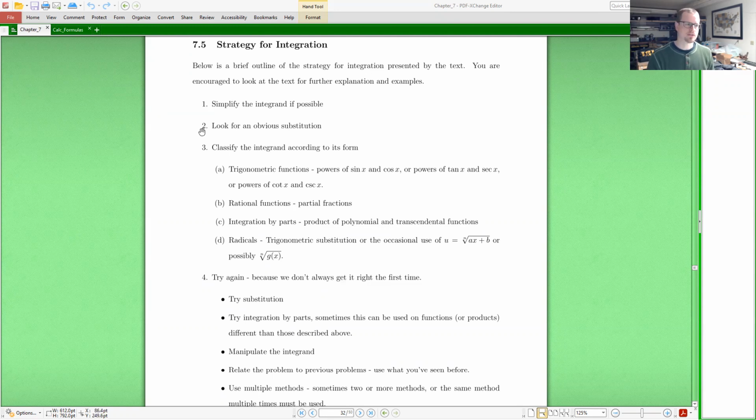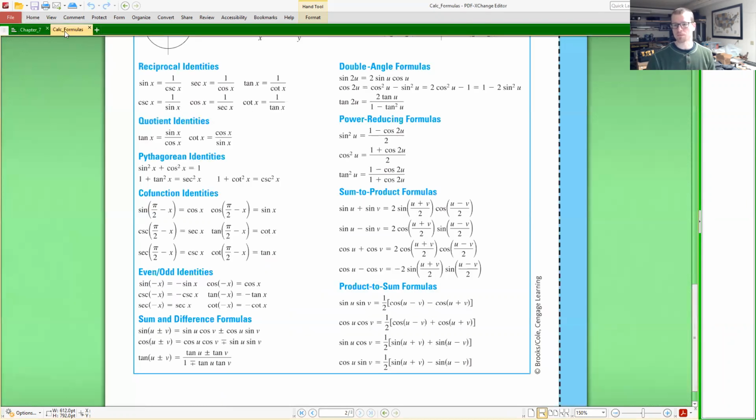Look for an obvious substitution. If you get something that can be rewritten as the integral of u du, then yes. If you can find something that's easily rewritten as u to a power du, so you're just applying the power rule, yes. And definitely at times you're going to find things that work out nicely to give you exactly the form of something that's on our formula sheet.